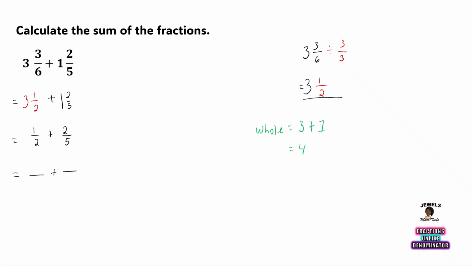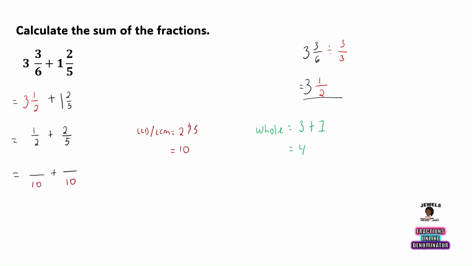So in looking at our denominators now of 2 and 5, we need to find our LCD, which is our lowest common denominator, or our LCM, which is our lowest common multiple of 2 and 5. And our LCD or LCM of 2 and 5 is equal to 10. So we're now going to change the denominator on both of my fractions to 10, and then we're going to go through our steps to finding our equivalent fraction.